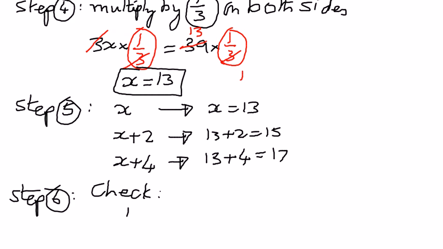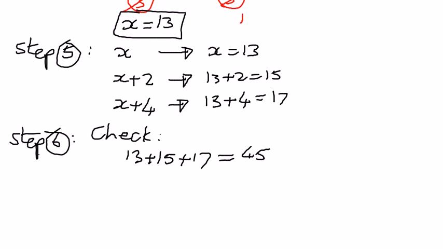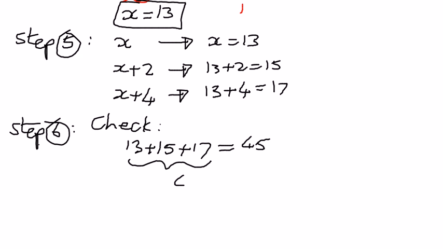When we add 13 plus 15 plus 17, that adds up to 45, and the value on the right hand side is also equal to 45. Therefore the values of these odd integers are exactly correct.